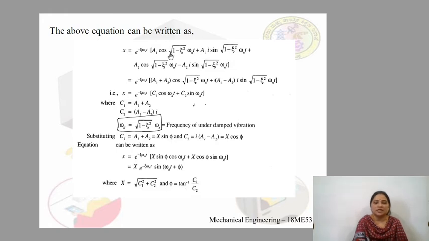Now, in this equation, inside the square bracket there are two cos terms and two sin terms.